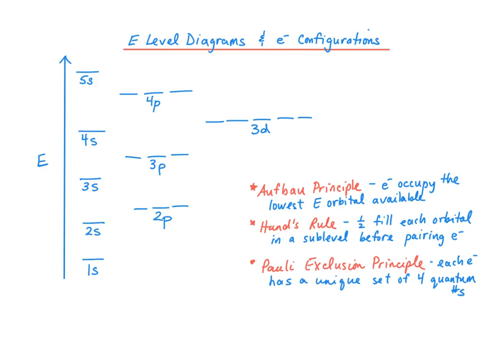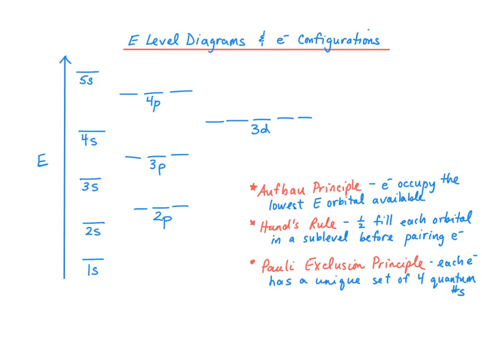Hund's rule is going to relate to when we have multiple electrons in a sublevel. So we're going to make sure to half fill each orbital in the sublevel before we pair them up. And Pauli, you've already seen the idea that there needs to be a unique set of 4 quantum numbers for each electron. So we'll see what implications that has as we start these diagrams.